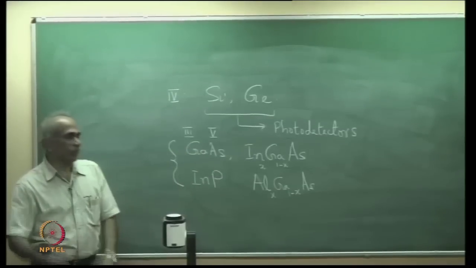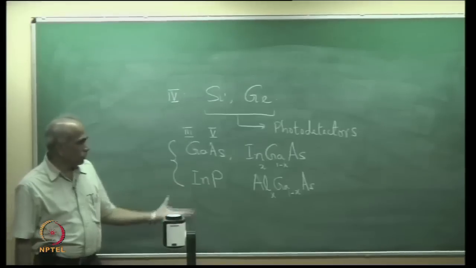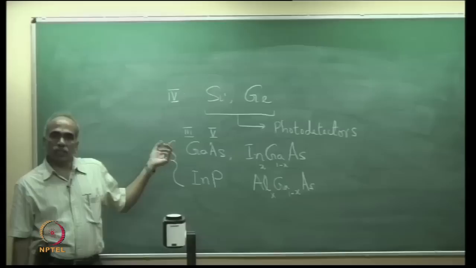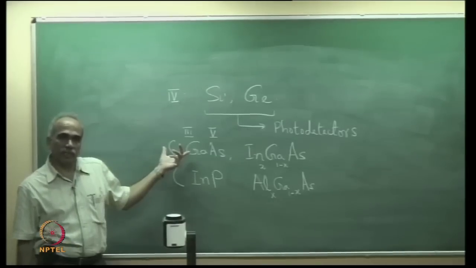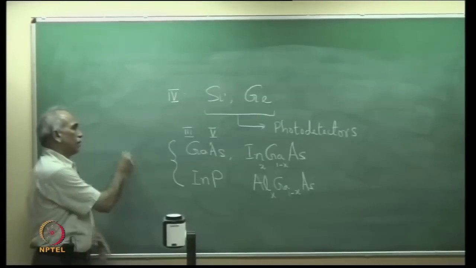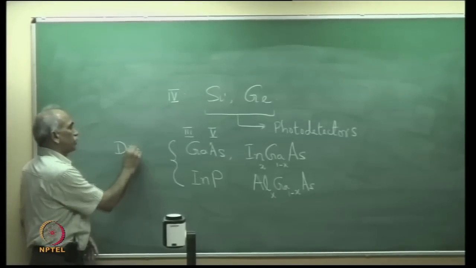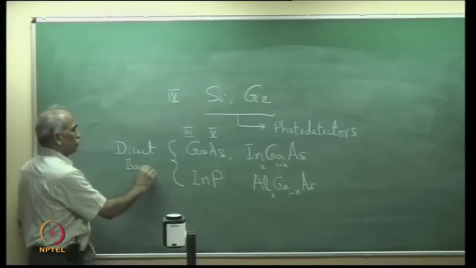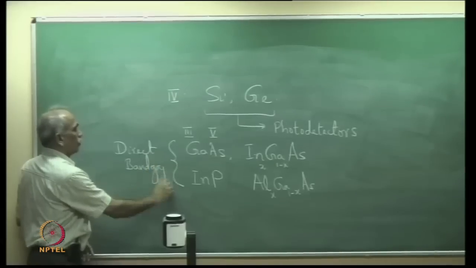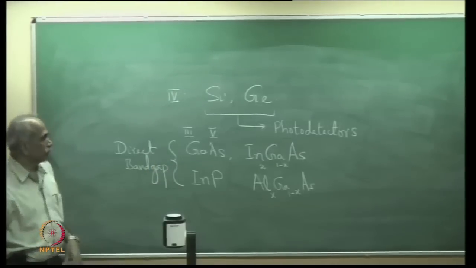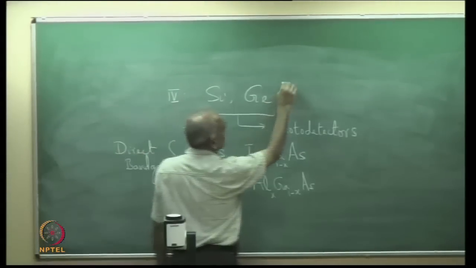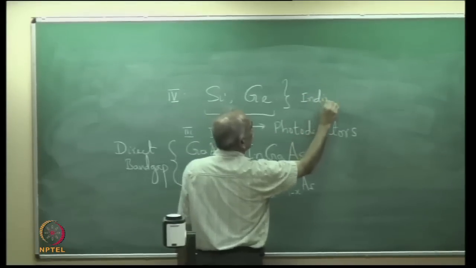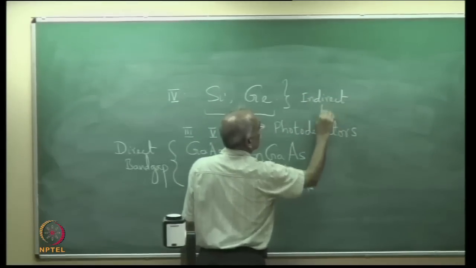As we proceed further, we will see that to realize a semiconductor source which emits light, you need to use direct band gap semiconductors, whereas indirect band gap semiconductors can be used to realize photodetectors.